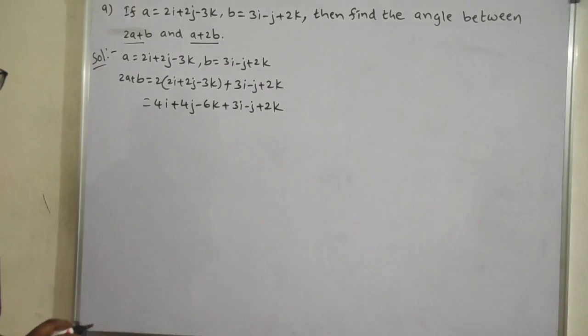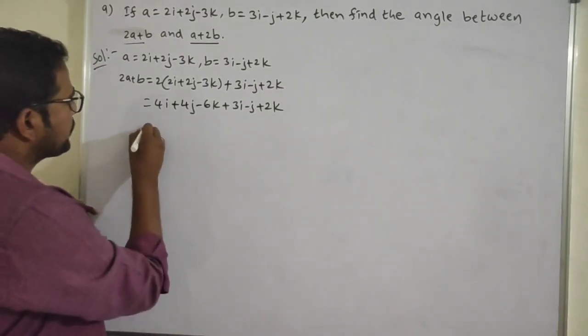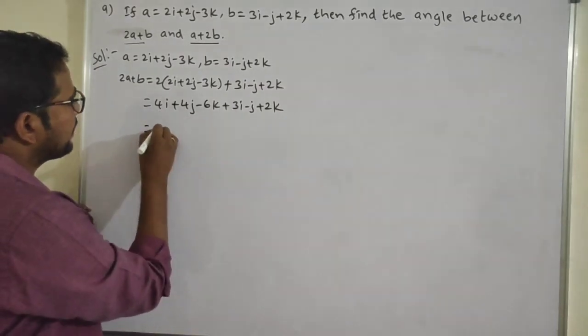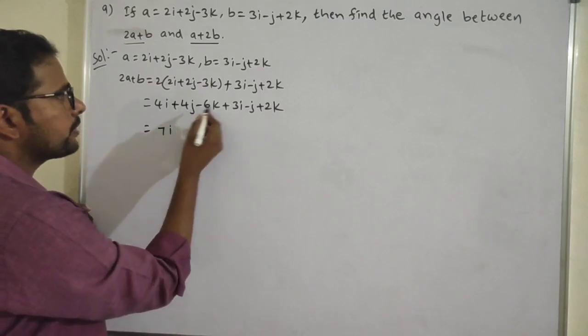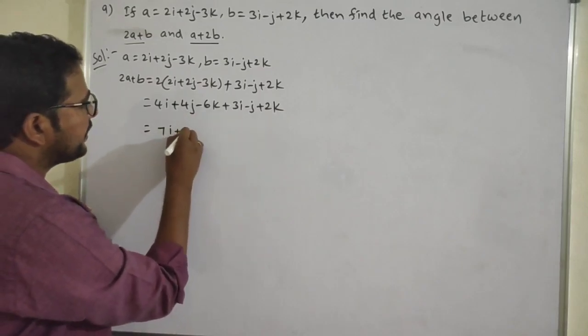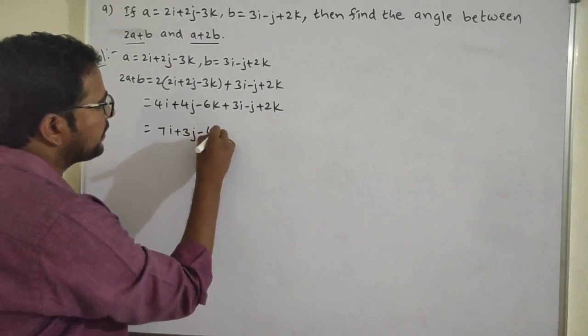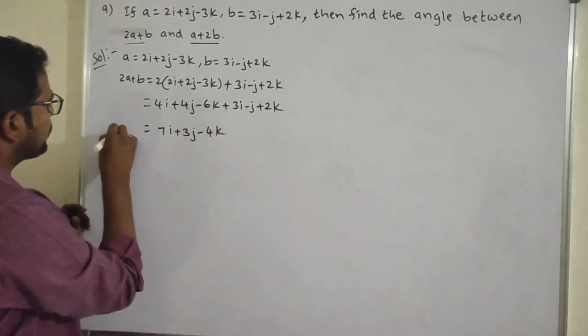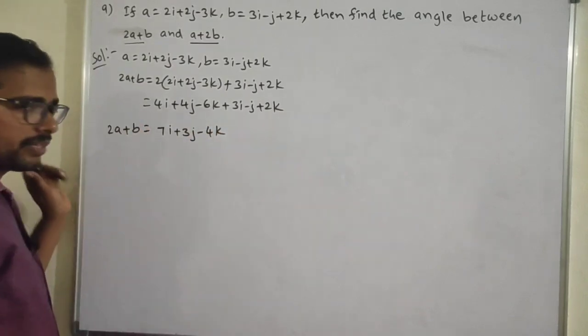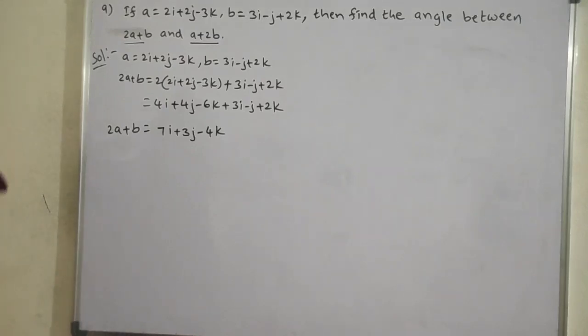Add like terms. 4i plus 3i is 7i. 4j minus j is 3j. Minus 6k plus 2k is minus 4k. So 2a plus b is equal to 7i plus 3j minus 4k.